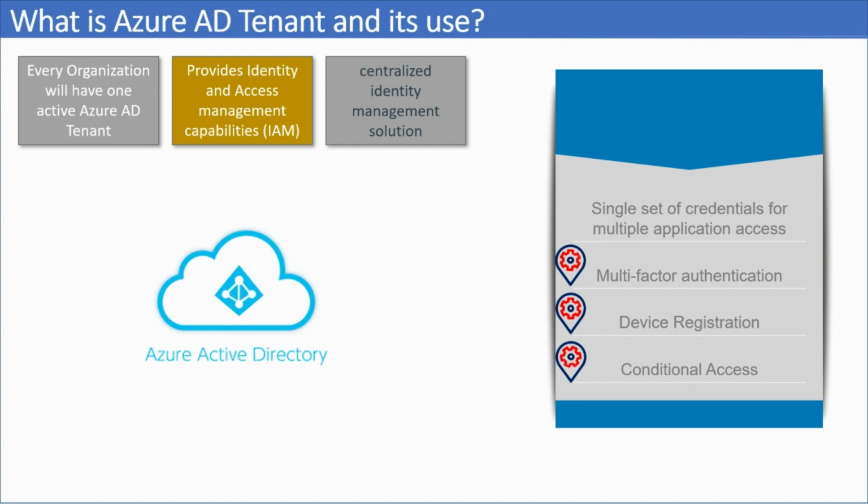So conditional access is nothing but that they are required to complete the authentication process, including multi-factor authentication, in order to gain access to an application. So these are some of the key points related to Azure AD tenant. In short, Azure AD tenant is an entity that will provide identity access management for your set of resources or the applications whatever you have in the landscape.